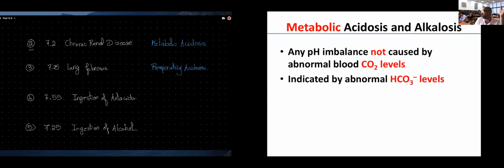Number 4, patient was 7.55 and he ingested large amounts of antacids. What do you think? Metabolic alkalosis.